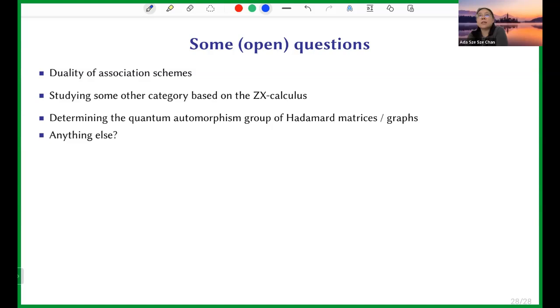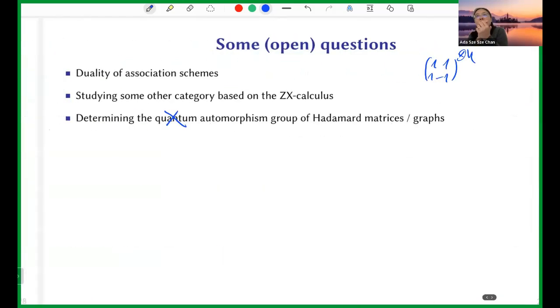But you mentioned that they are the transition matrix between mutually unbiased bases. How much of a role does it play in two Hadamard matrices being quantum isomorphic? How much does the fact that the two bases are unbiased matter? Yeah, it's a transition matrix. Every Hadamard matrix is a transition matrix.